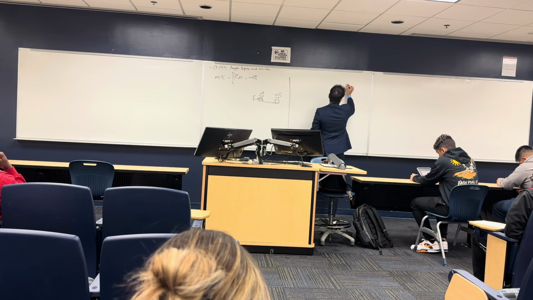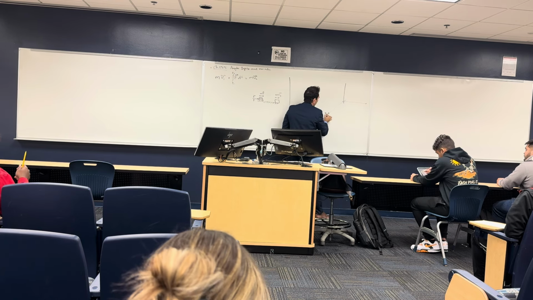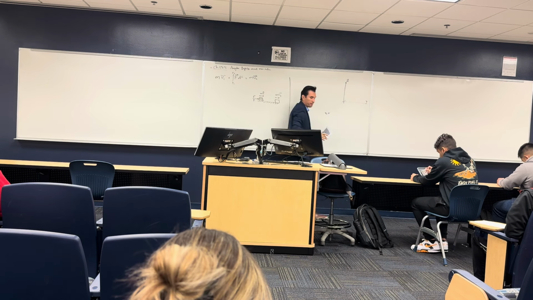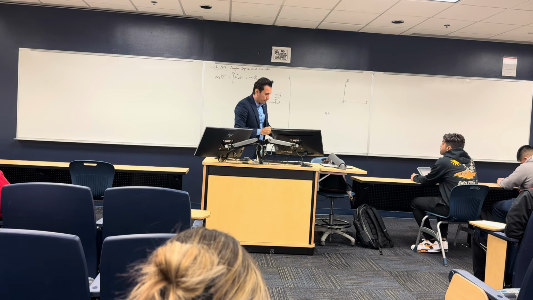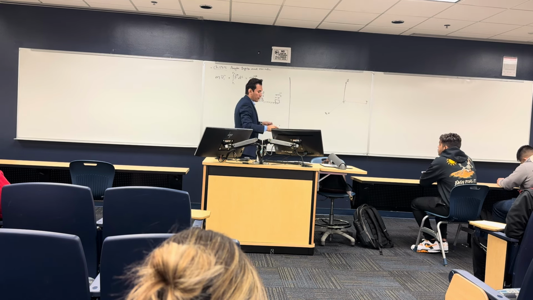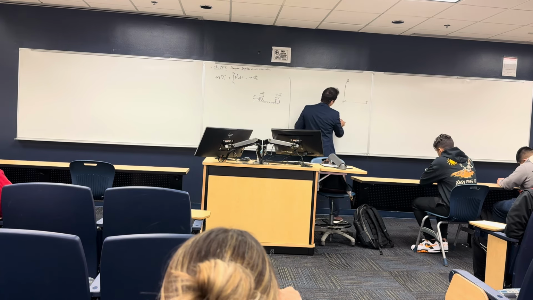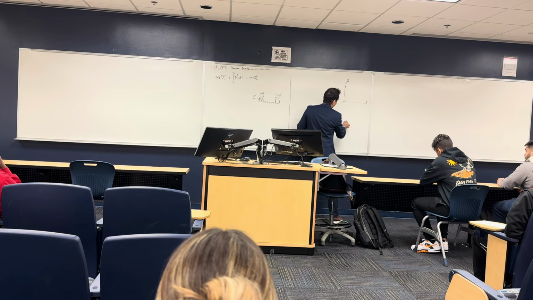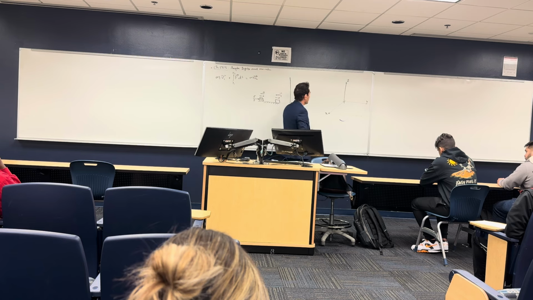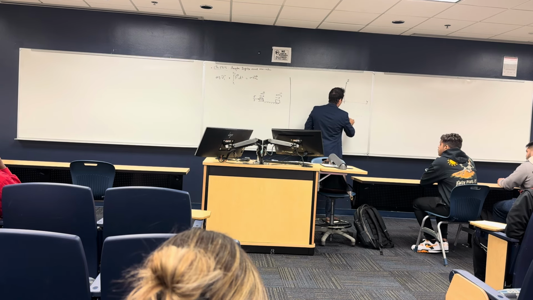So let's say I have my axes like this. This is x, this is y, this is z, right? And the path that the body is moving on is not linear, it's something like this. Maybe let's say something general like this, right? And my particle is, let's say, something here.